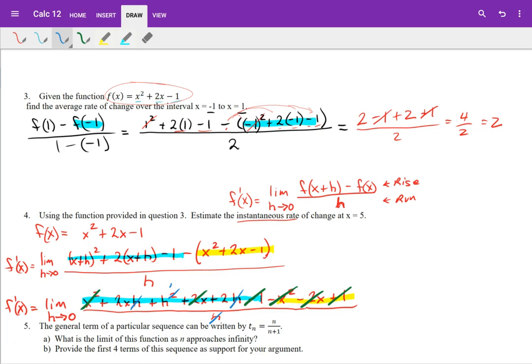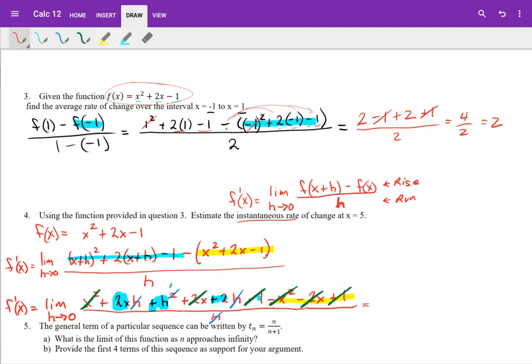And so that becomes just a single h, and that becomes a 2. And so the things that we're keeping our eyes on over here are basically this 2, this single h that's left over, and then here's a 2x. So it's 2x plus 2 plus h.